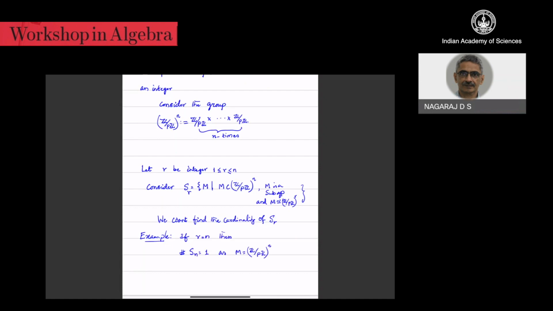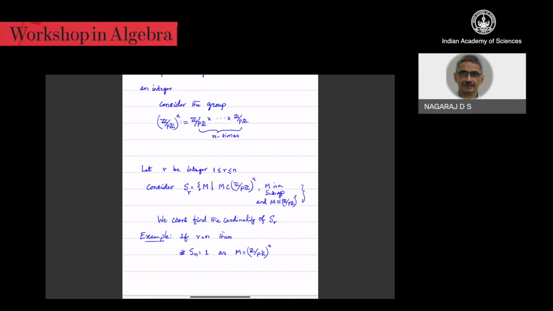So if you have a subgroup of Z mod P Z to the power n whose cardinality is P power n, then there's only one subgroup, namely the group itself, because the cardinality of the subgroup is the same as the cardinality of the group. So hence it is that subgroup itself.